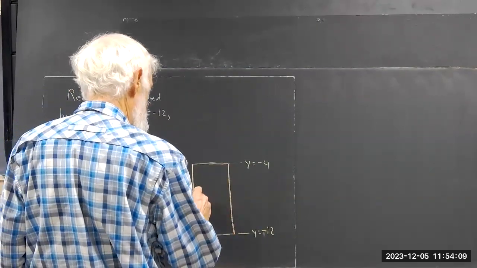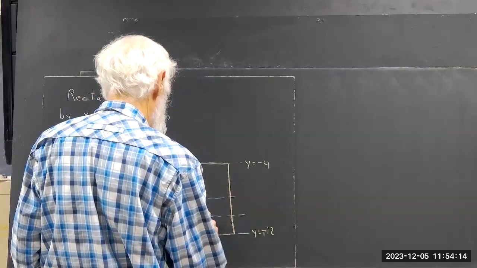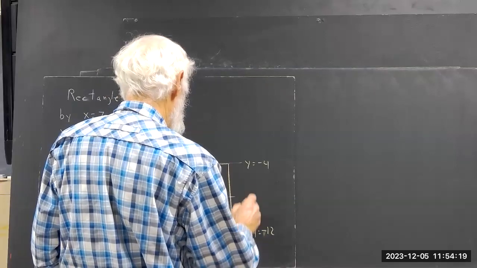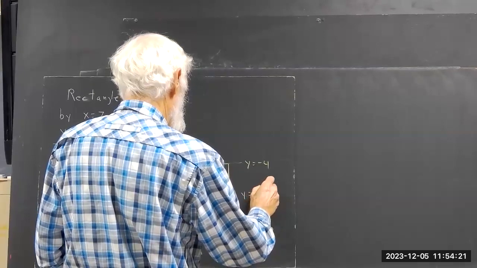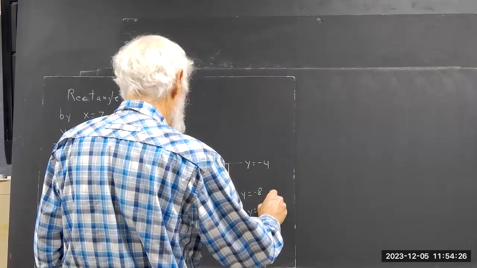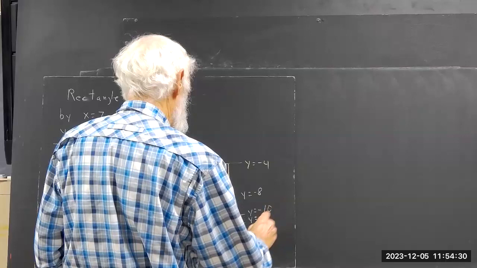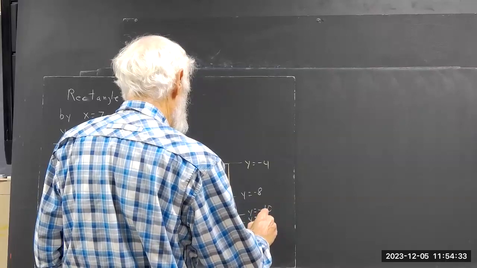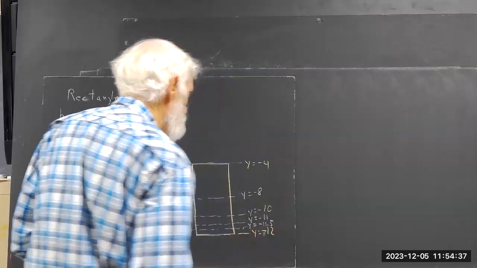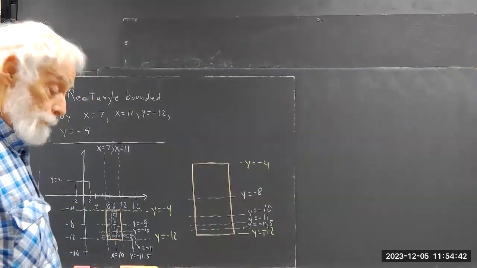And then I'll do my subdivision lines. y equals -8. y equals -10. y equals -11. And y equals -11.5. Tells me where I am.